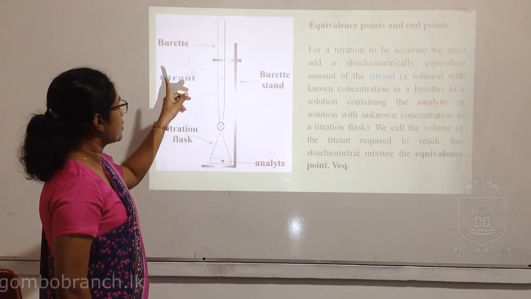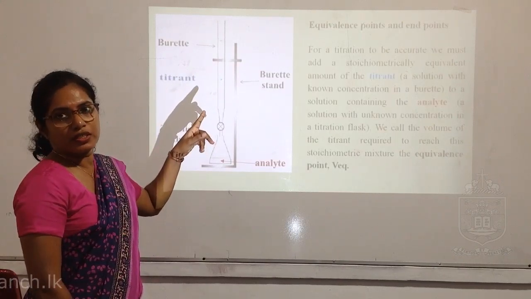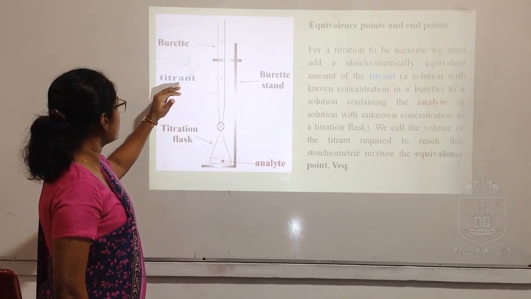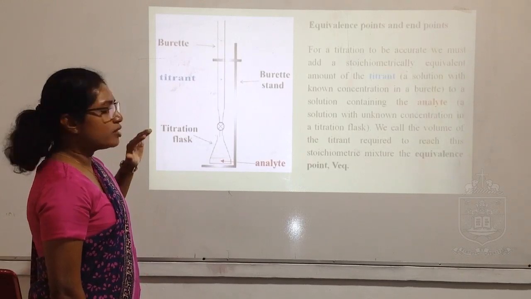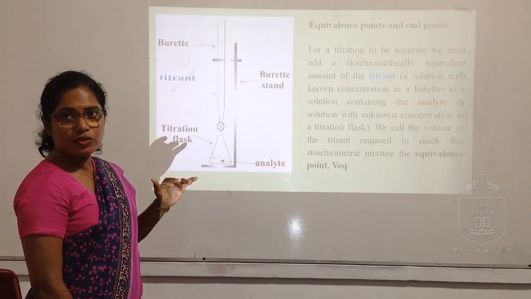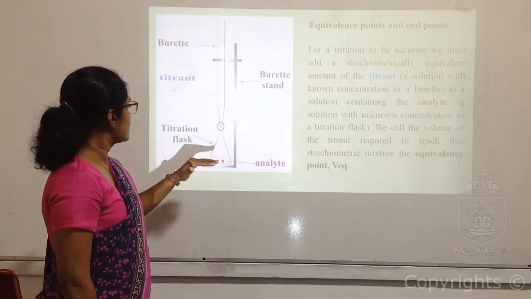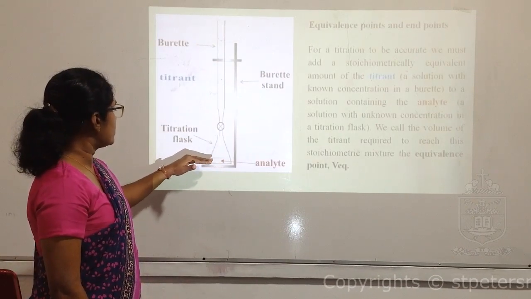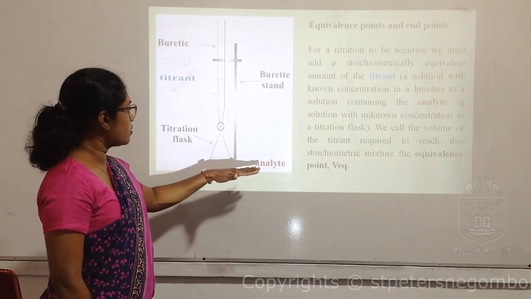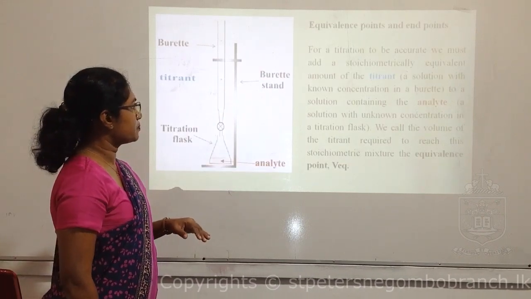solution of known concentration to the pipette, and we call that the titrant. And the solution whose concentration we have to find, we should add to the titration flask, and it is called the analyte.